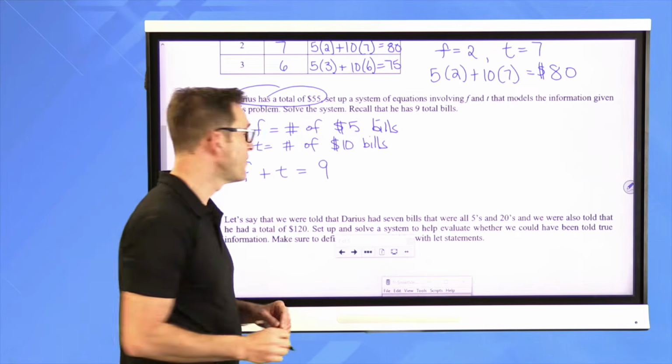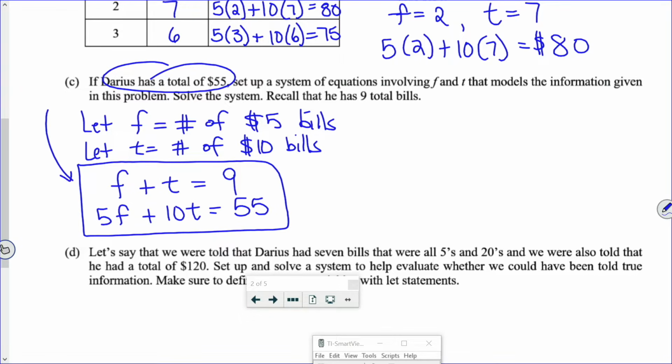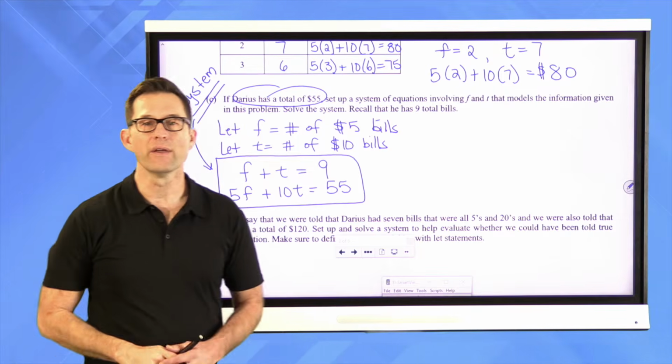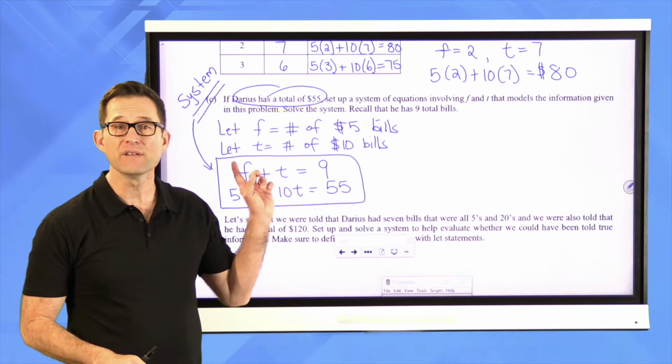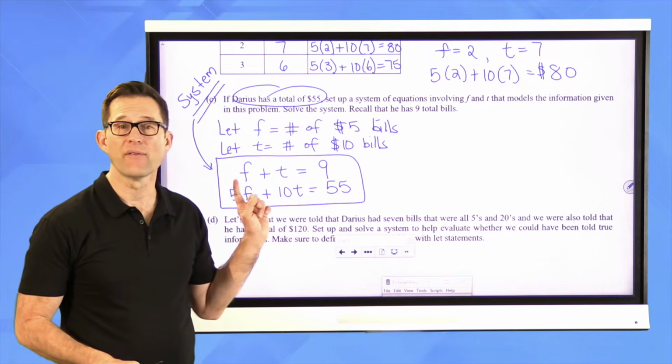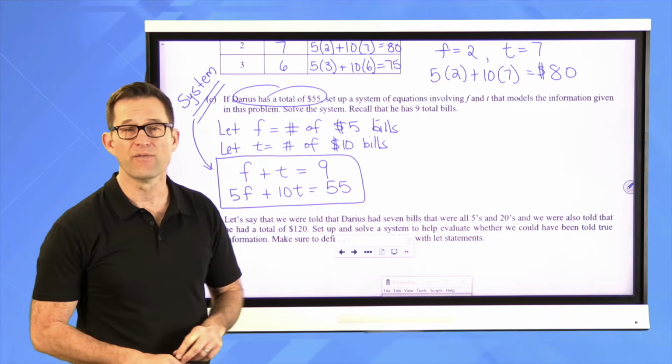So that means if I take that expression from above, 5f plus 10t, that's the amount of money that Darius has, that must be equal to 55. And I'm going to circle this right here because this is my system. That is the system of equations that describes all the information given in this problem. This describes the situation that we have 9 bills, and this describes the situation that I've got $55.